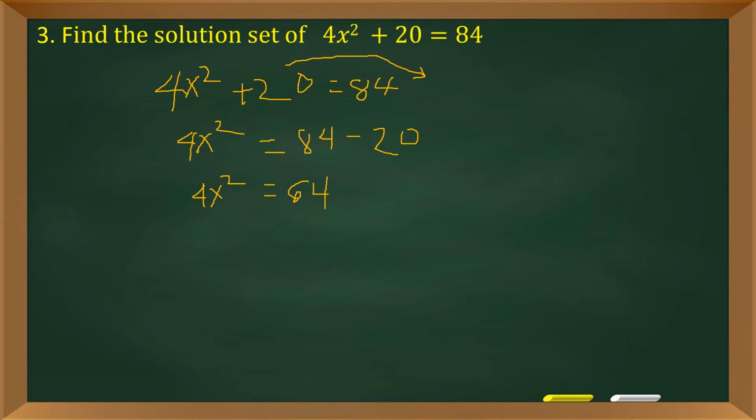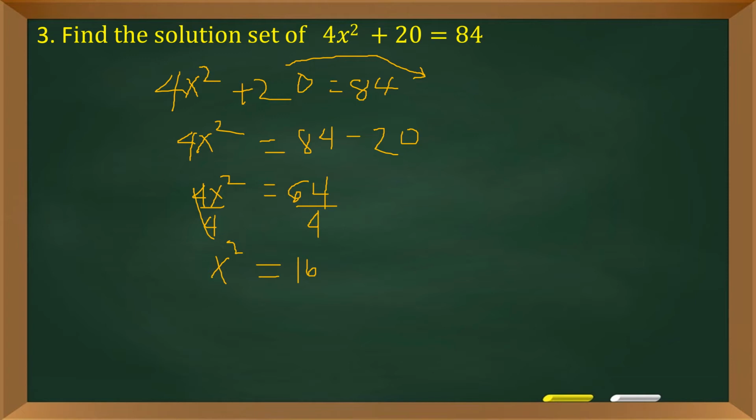And as you can see, dapat i-divide muna natin sila both sides by 4 because 4 and 64 can both be divided by 4. So, cancel. So, that's x squared is equal to 64 divided by 4 is 16.